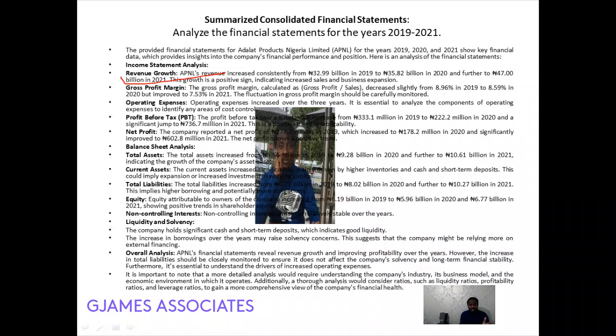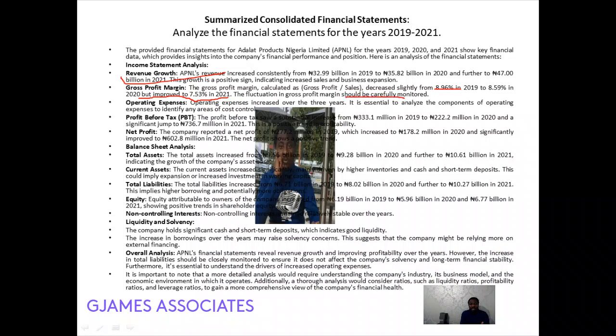Now also, the gross profit margin as calculated decreased, but improved in 2021. Most likely it is going to increase in 2022. So you need to know. The fluctuation of gross profit margin should be carefully monitored.